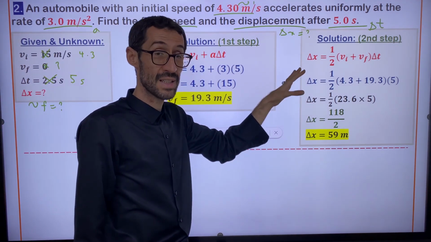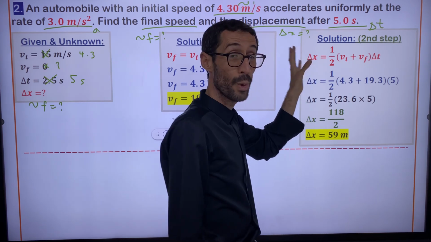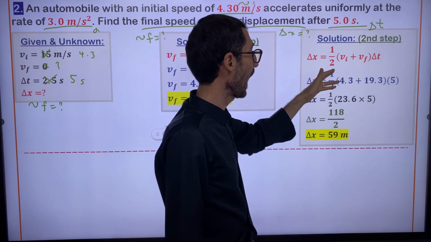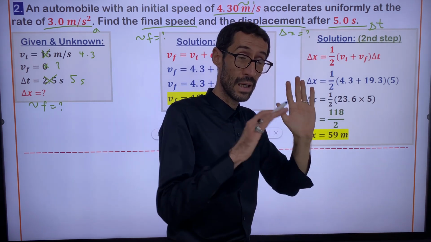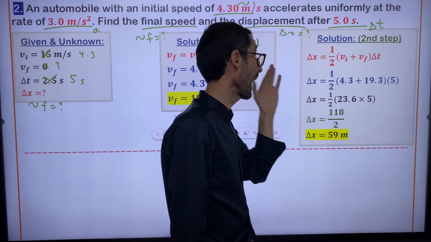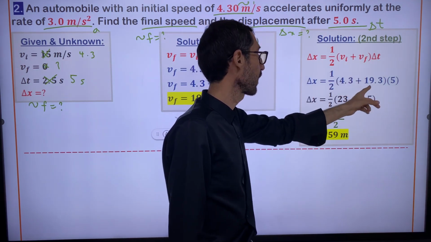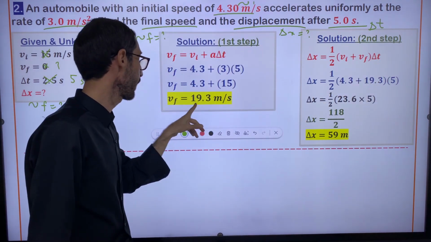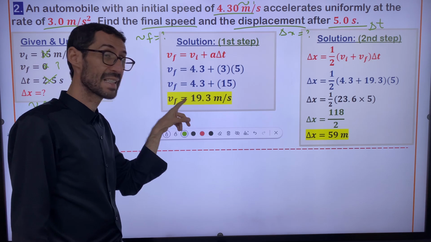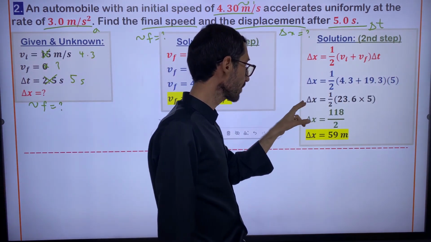Let's move on to another step for finding the displacement of the automobile. Delta x equal to 1 half, v_i plus v_f within the bracket, multiplied by delta t. Delta x equal to 1 half, initial velocity 4.3, final velocity 19.3. We've already found it in this step. 19.3 times 5.